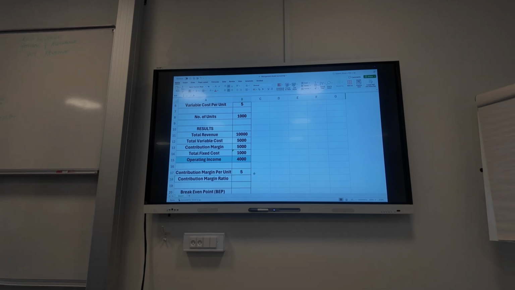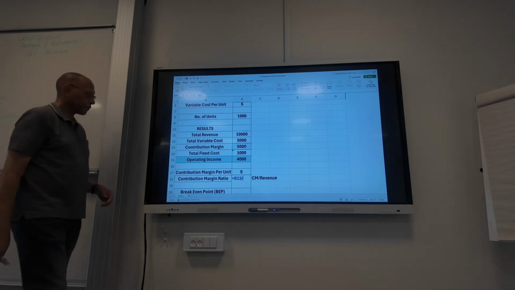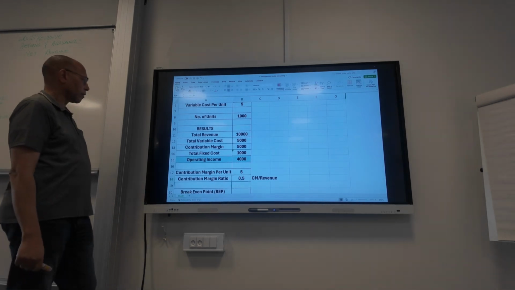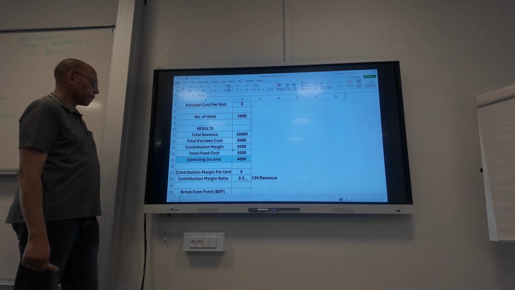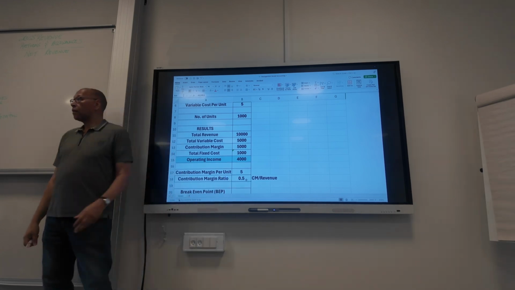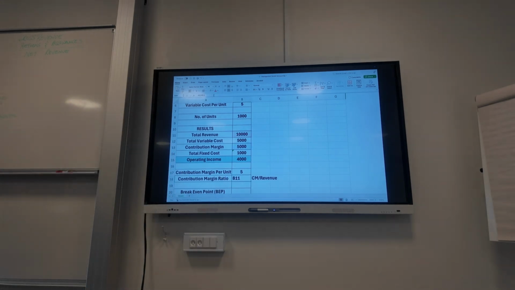CMR equals contribution margin divided by revenue. 0.5. 50%. Yep. Make it a percentage so you understand your model.